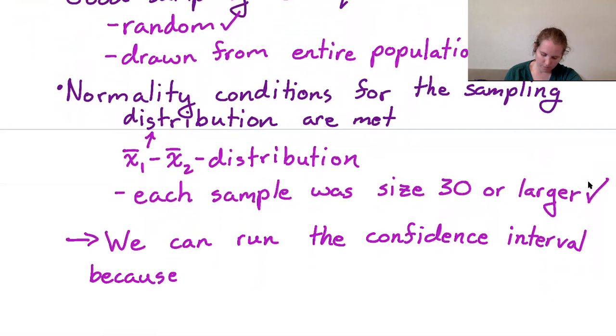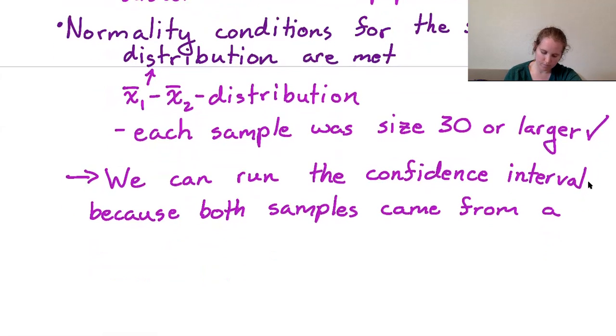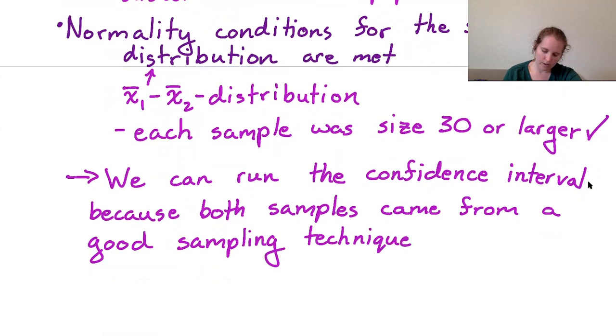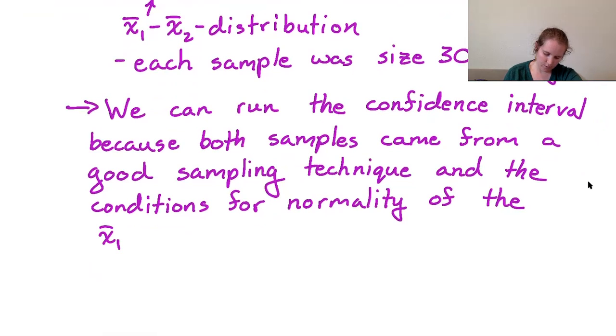Because both samples came from a good sampling technique, and the conditions for normality of the X1 bar minus X2 bar distribution are met.